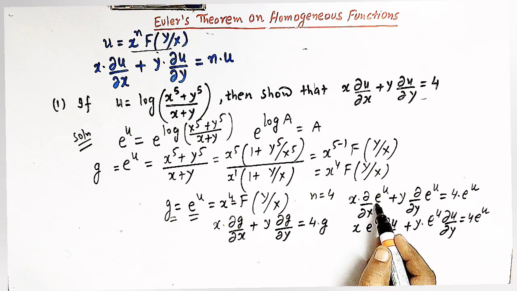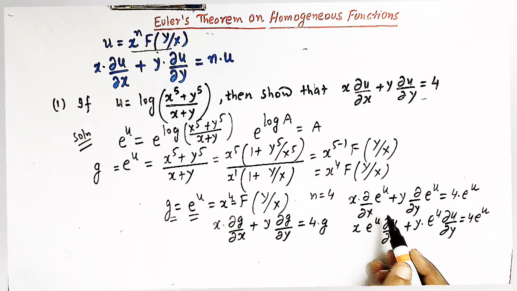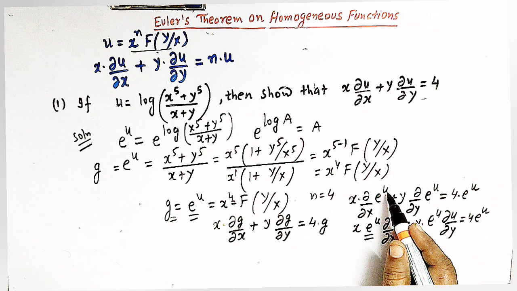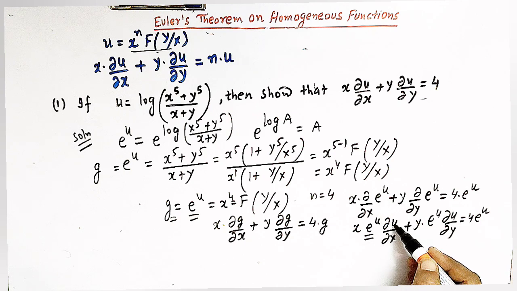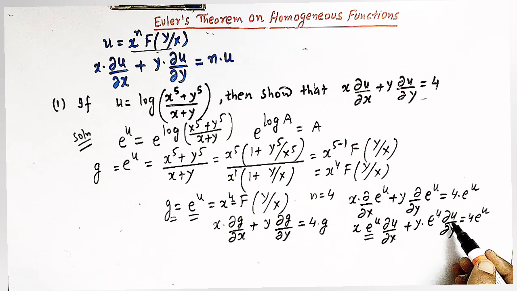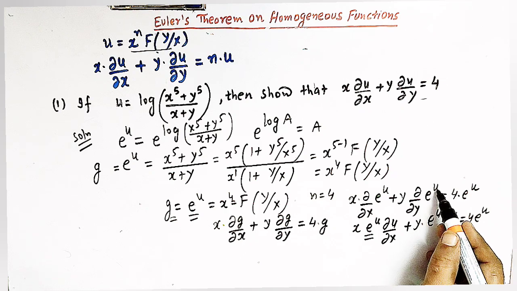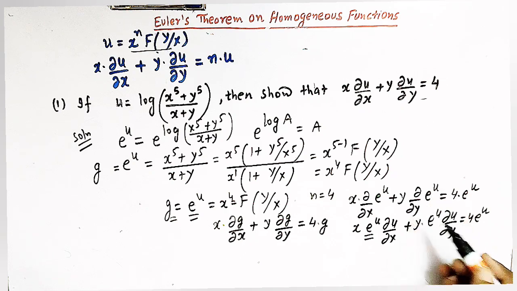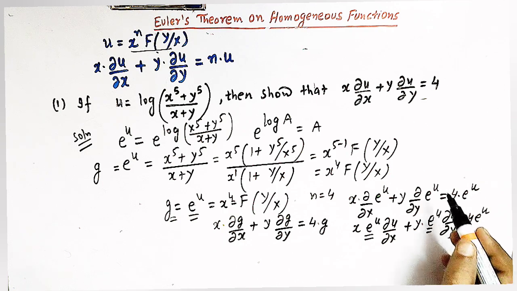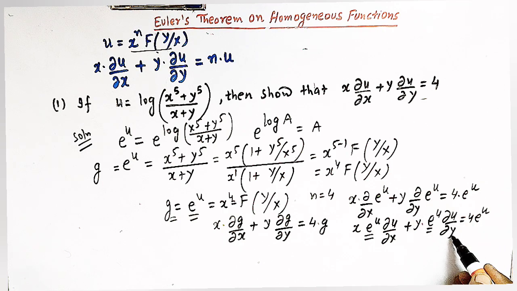So first we have differentiated e^u with respect to u, so we have e^u, and then u with respect to x. Similarly here we have first differentiated e^u with respect to u, then we have e^u, and then u with respect to y.